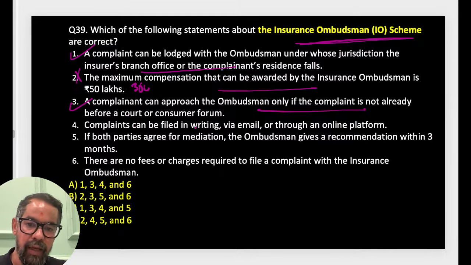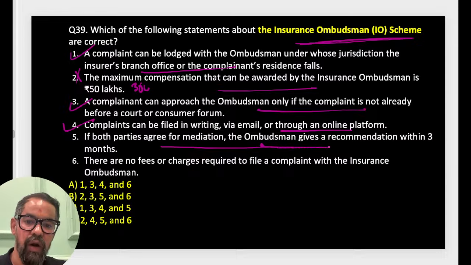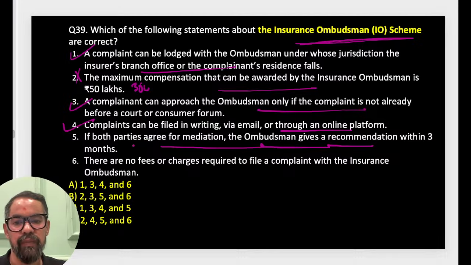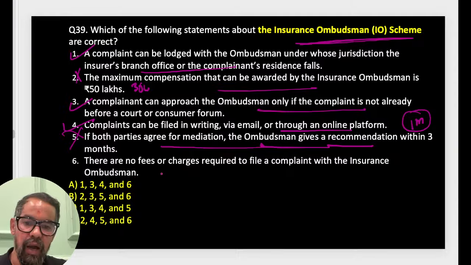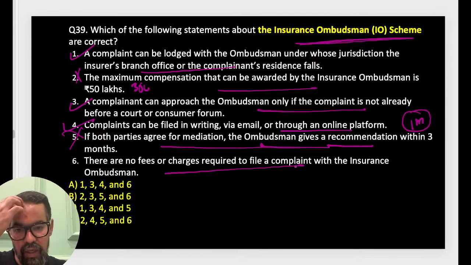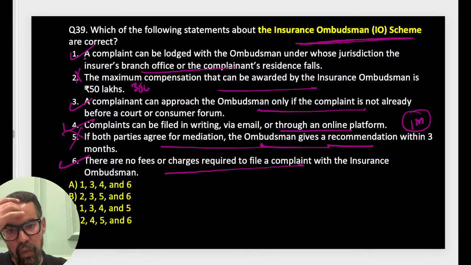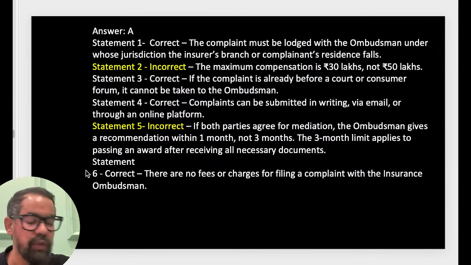Fourth one, complaint can be filed in writing, email, this. Absolutely right. If both parties agree for mediation, ombudsman can give recommendations within 3 months. No, how many months? 30 days basically. So it should be 1 month, okay, not 3 months. There are no fees or charges required to file this one. Okay, so which one fits? 1346. 1346 means option A will be the right answer for this one. Very good. Well done, guys.